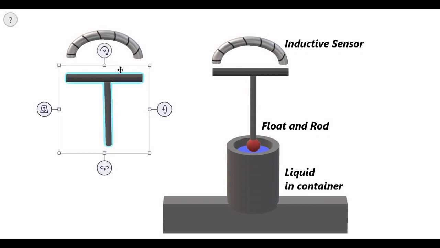As the air gap distance changes, the inductance of the sensor changes, and that produces a suitable voltage signal as per Faraday's law, which is V equal to L di by dt or N d phi by dt, Faraday and Lenz's law.